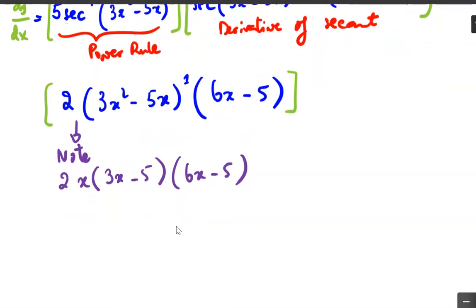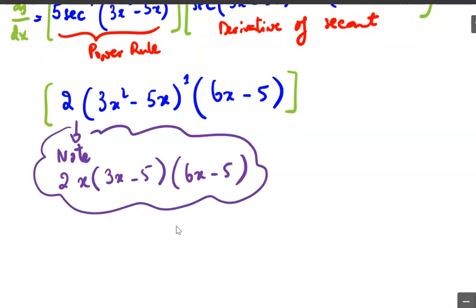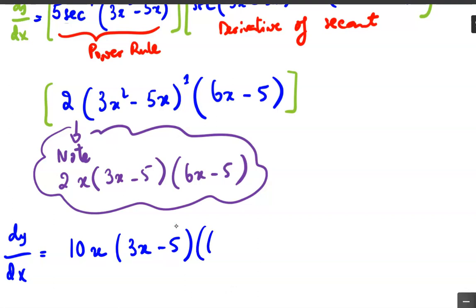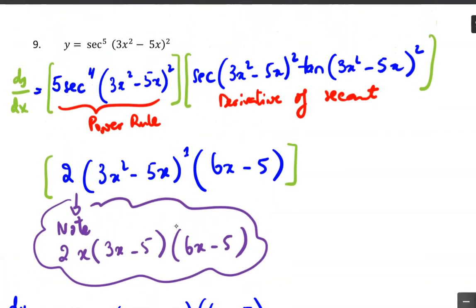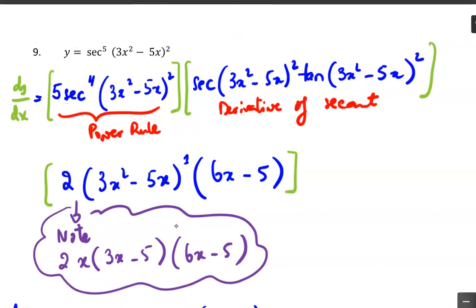So in the end, my final answer, I just put it separately here. My answer will be dy over dx equal to 10x multiplied by 3x minus 5 multiplied by 6x minus 5 times secant to the exponent 5, because I would like you to note that this is your secant to the exponent 4.